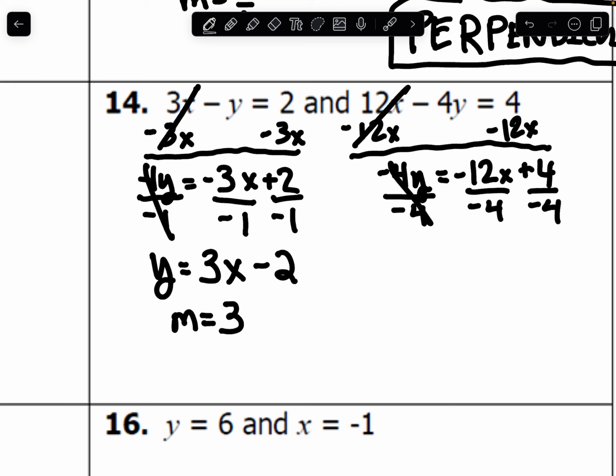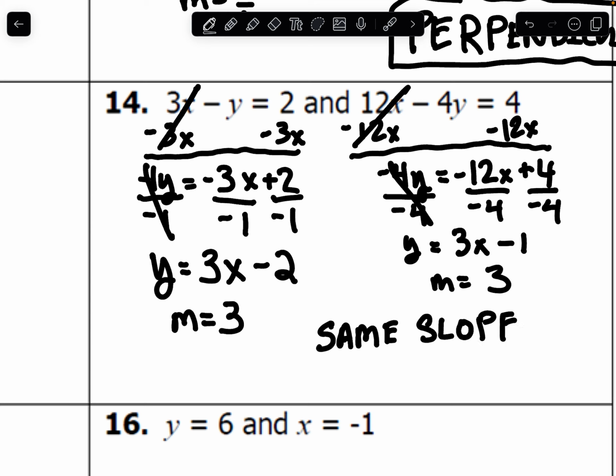Divide by negative 4. Divide by negative 4. Again, it has to be that negative 4. We can't forget that sign. So we have y equals 3x minus 1, which my m is equal to 3 here. Oh, remember, they're the same slope. Same slope means that they are parallel.